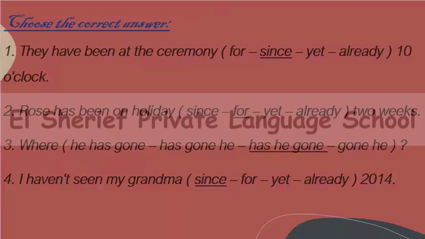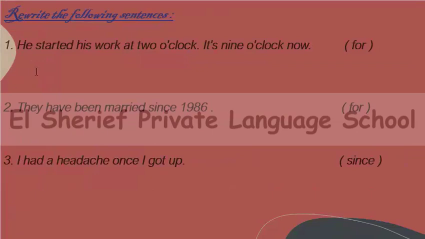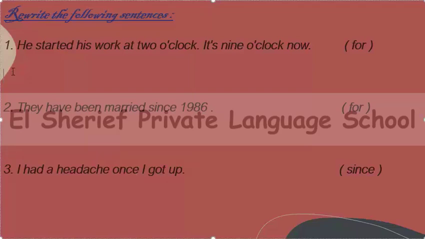The next one, rewrite the following sentences. He started his work at 2 o'clock. It's 9 o'clock now. And use for. First, for is a keyword for the present perfect, so we will change the tense of the sentence to the present perfect. When I have the verb started or began, I will delete it and focus on the meaning of the sentence.